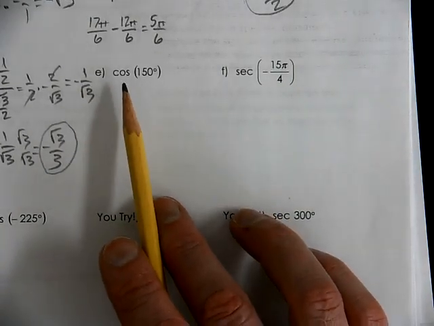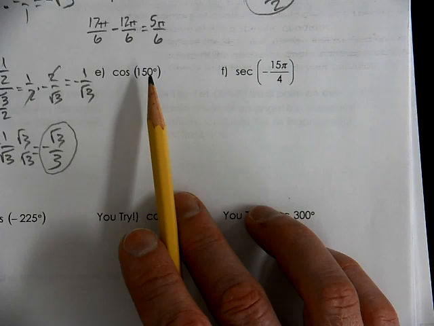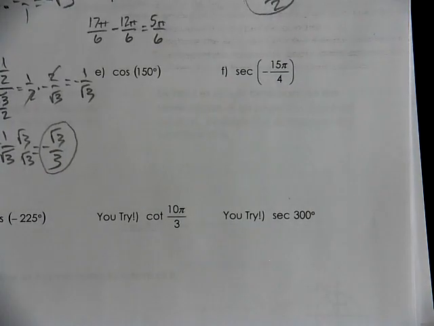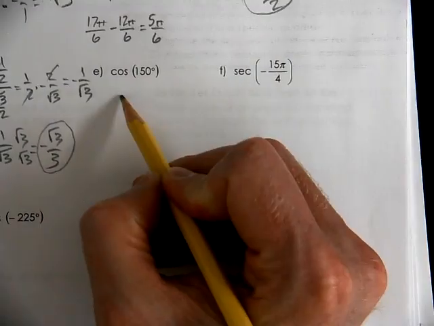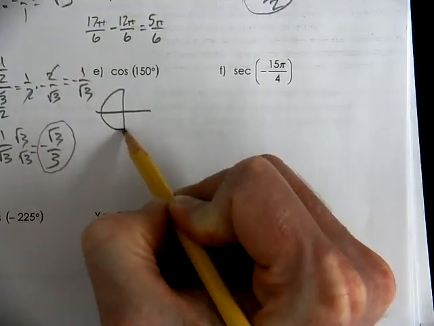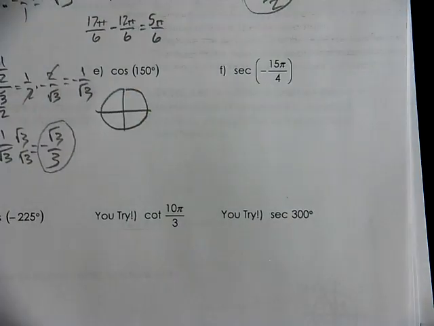Okay, let's try 150. What's the cosine of 150? You go ahead and work on this. You should start a circle with your unit circle.